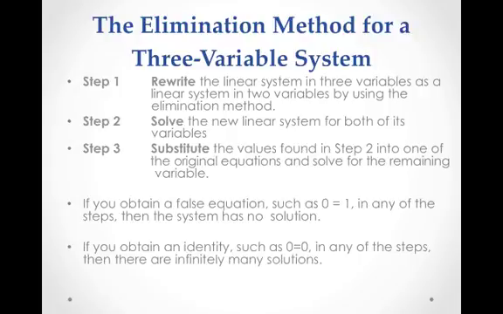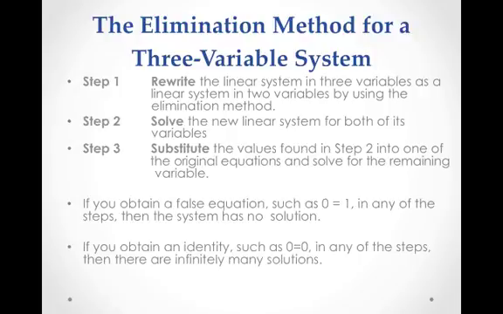So you're going to pick a variable and do some combinations to get rid of that variable until you get two new equations in the same two variables. Then you're going to solve that new linear system of two variables and two equations for both of the variables in it, just like we did in the last lesson.